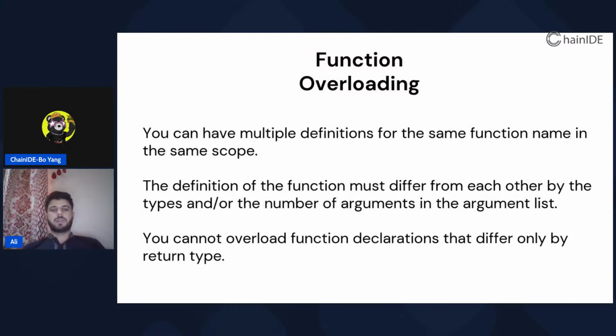So this is known as function overloading. You can define more than one function with the same name, but they should have different arguments that the function takes. And you cannot overload function declarations that differ only by return type.